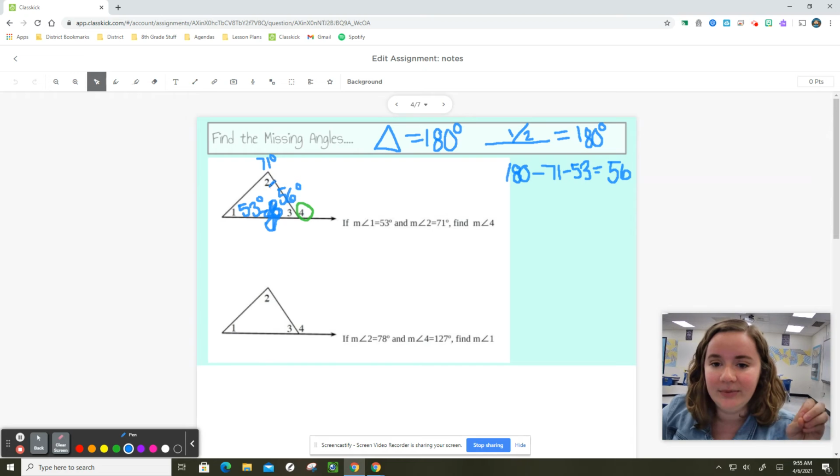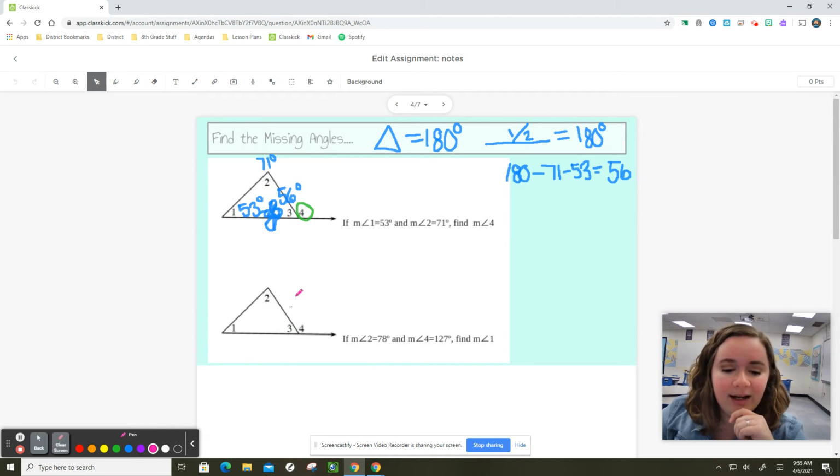Now I need to figure out what angle 4 is, which is outside of the triangle. If you look at it in pink here, angle 3 and angle 4 form a straight line. They form a 180-degree angle. They are supplementary, so they have to equal 180 degrees.